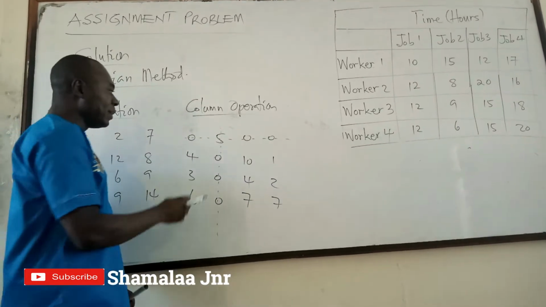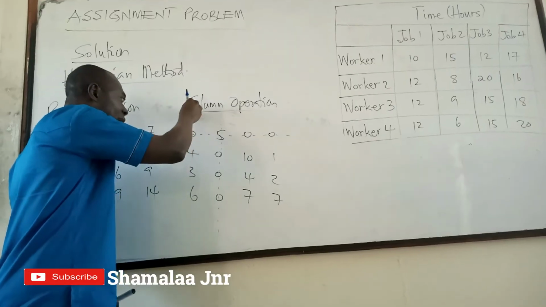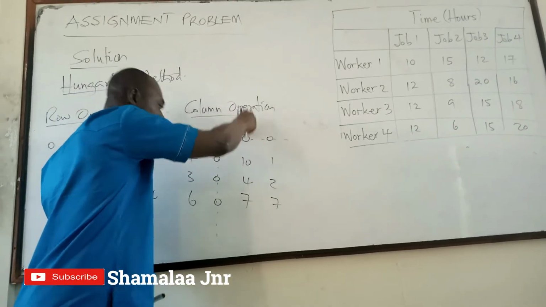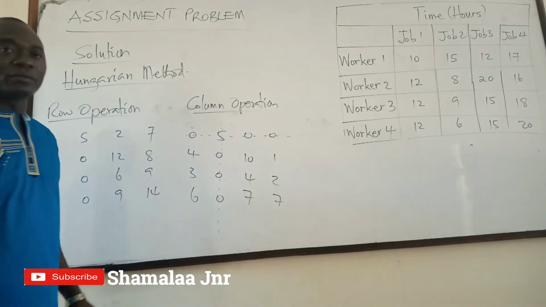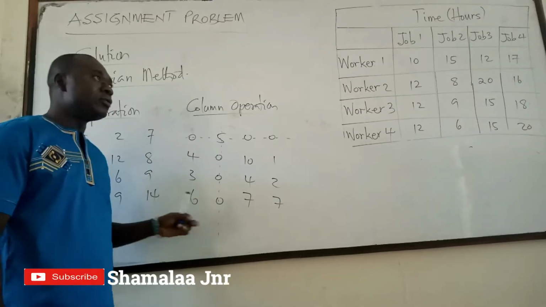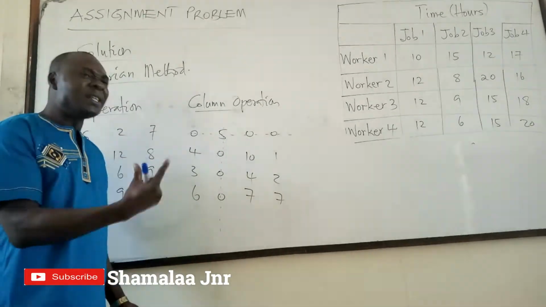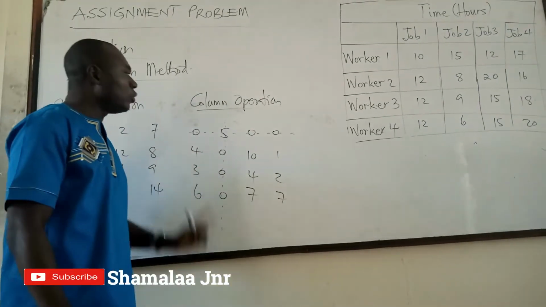Now, if you had done this, look on the board. Somebody would have just used 1 line to cross this zero, 1 line to cross this zero, 1 line to cross this zero, 1 line to cross this zero. That would have been 4 lines, and that would be wrong. That's why I'm saying that you have to use the least number of lines as possible to cross out all the zeros.